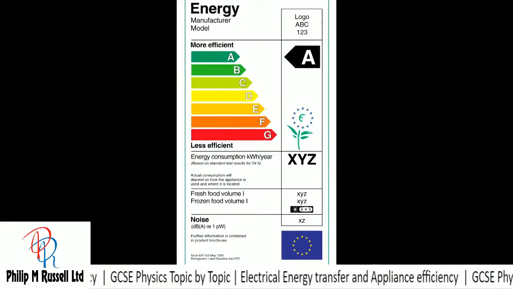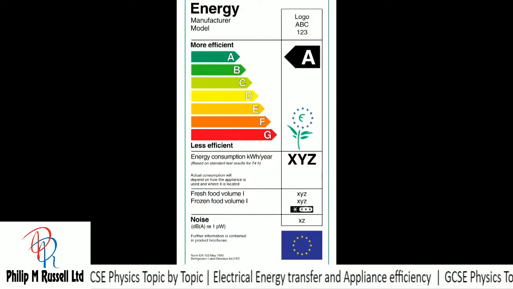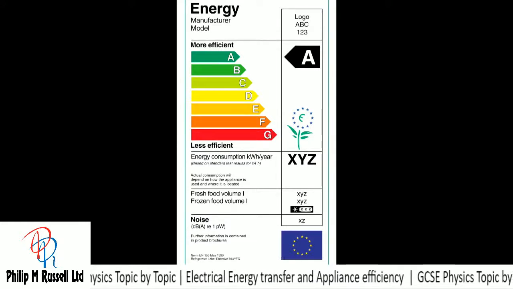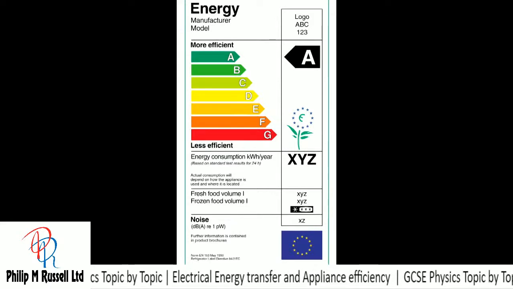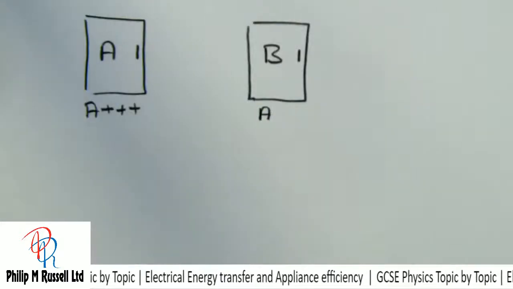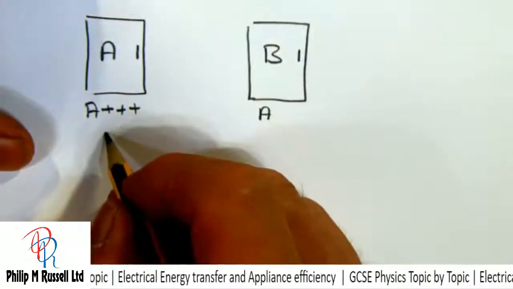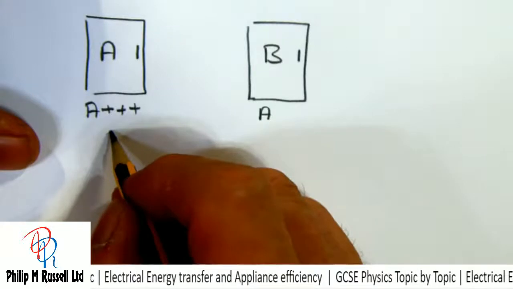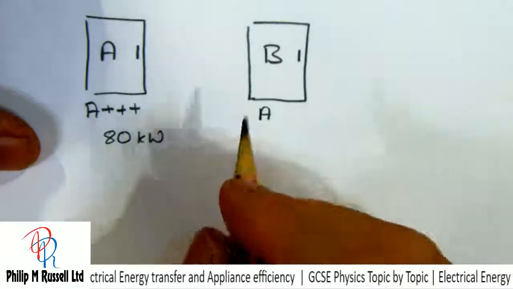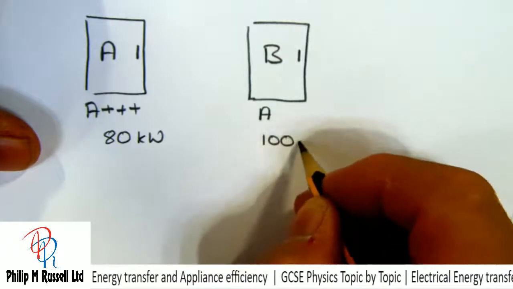There, it comes back. And if I look at the efficiency of this, then we might get here the energy consumption per year, and it's in kilowatt hours per year. And when we look at these kilowatt hours per year, we might find that this, let's say, is going to use 80 kilowatt hours per year, and this one is going to use, let's suppose, 100.